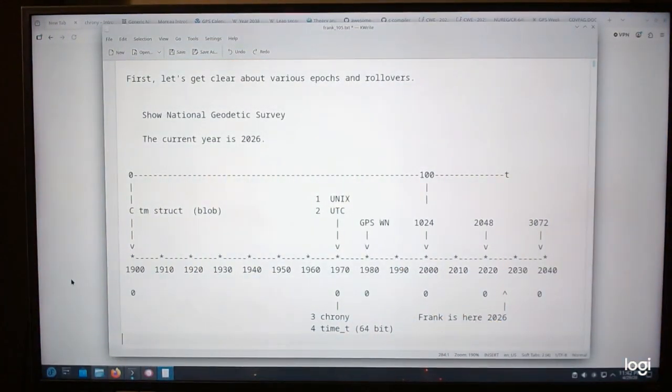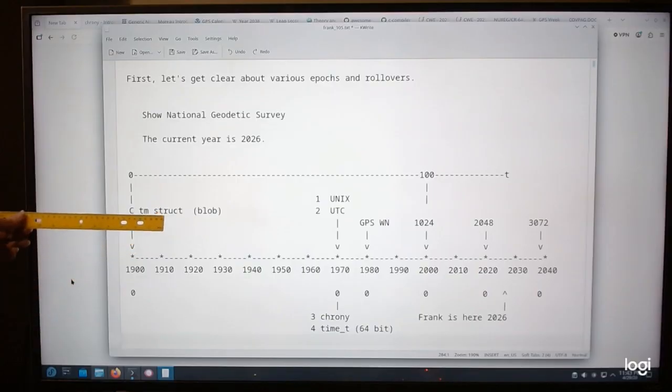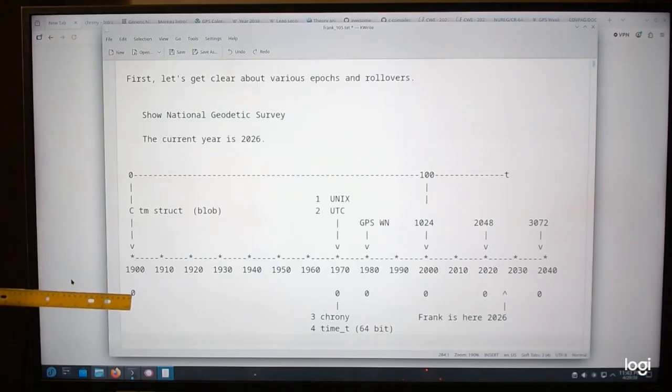Now the C language has a time structure, and you'll see in my programs, I call it blob. There's a blob of days and times and dates in there, and that starts at 0 in 1900.